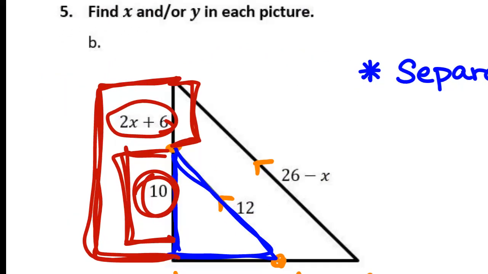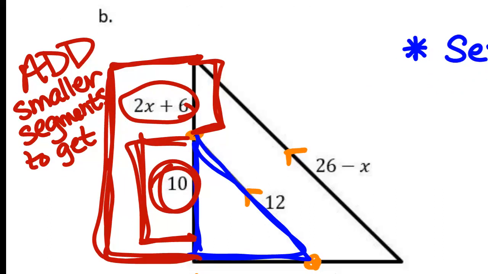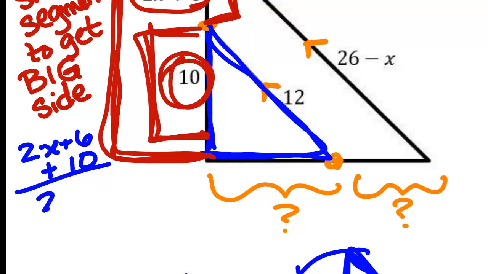So we have to add the smaller segments to get the big side. So I would do 2x plus 6, and then onto that we add the 10. That gives me 2x plus 16 for that side.